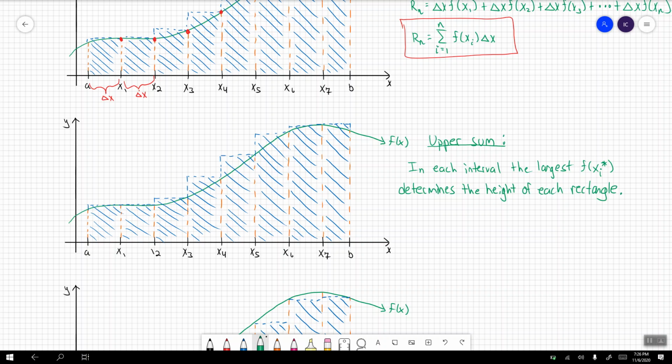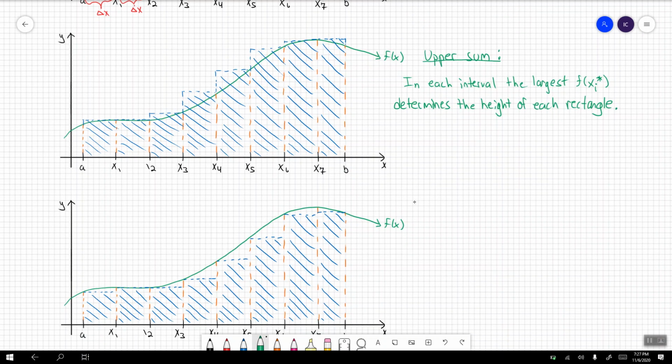Alright, so in each interval, the largest f of x sub i determines the height of each rectangle. And that's what I have depicted here on this graph. I went to each interval and I determined what is the largest height in that interval. From there, I just created the rectangle that corresponds to the height that was identified.